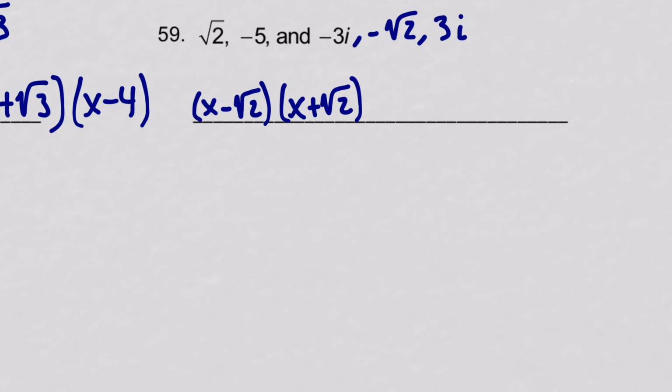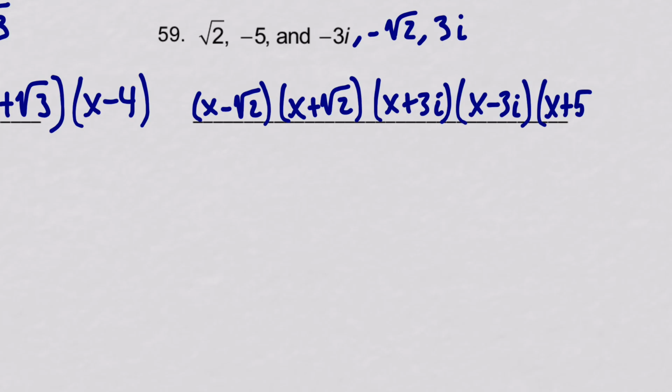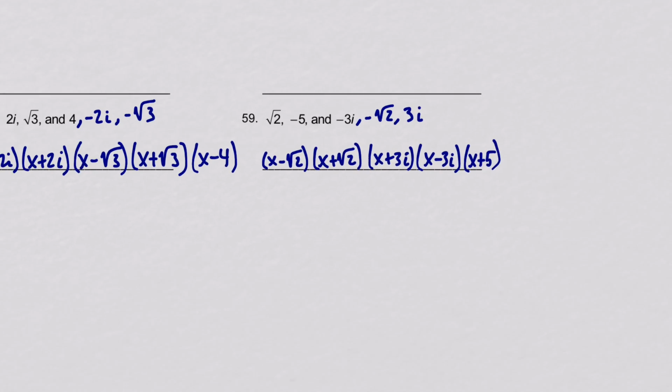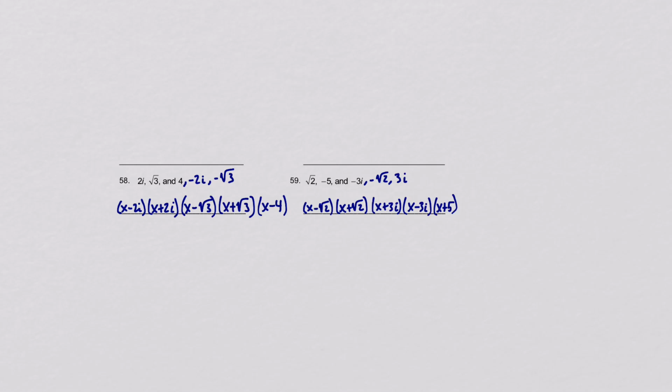Put those together every time. x plus 3i and x minus 3i. And the final one is x plus 5, which is this one right here. Multiply all of those out and you will have your polynomial. Okay, so go ahead and pause it, finish all 4 on your own, and then come back and I'll show you the correct solutions, and that'll be it. We'll be done with this.